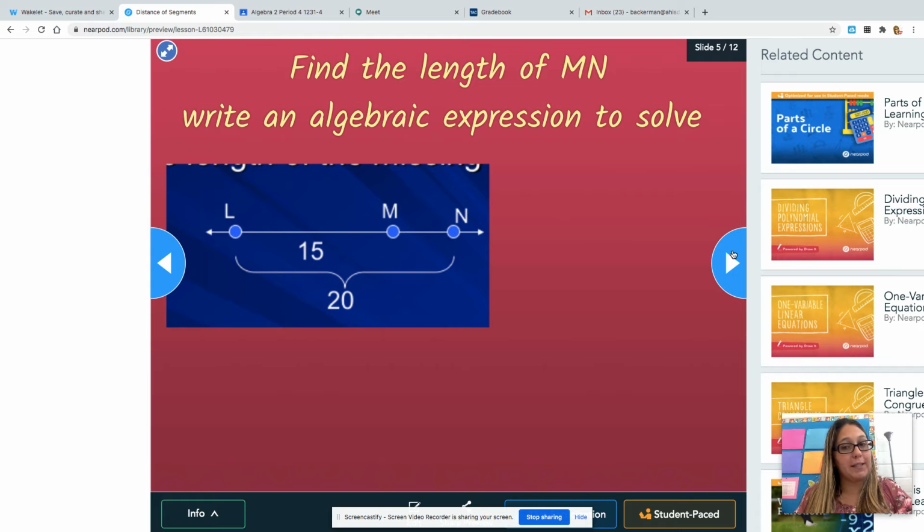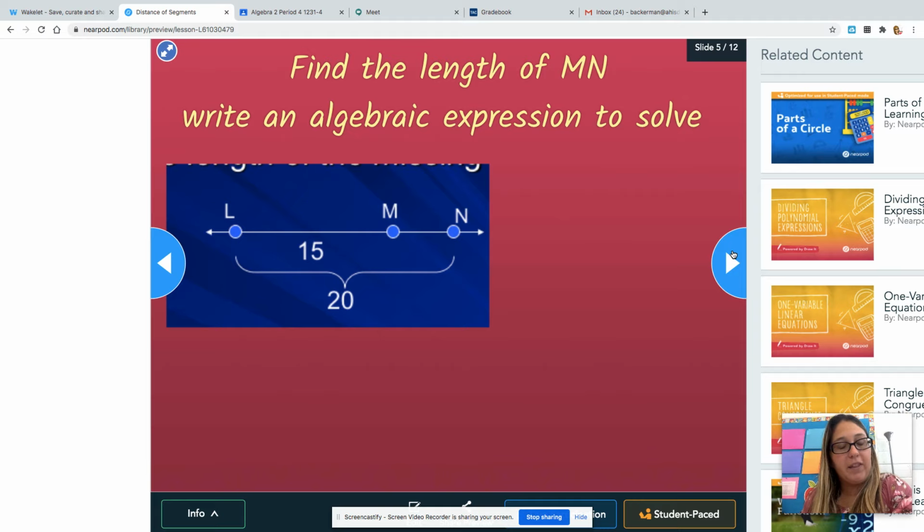That's a geometric statement, okay? If I want to write an algebraic expression, I can replace that MN with an x. And now I can say 15 plus x equals 20. And so I'm still using the segment addition postulate. The two smaller pieces added together make the whole. But now I've set it up as an algebraic expression.